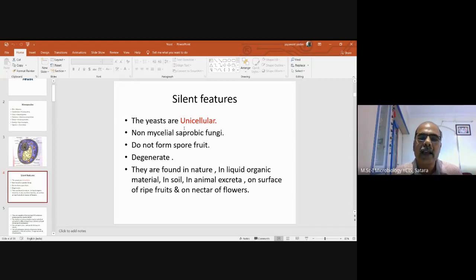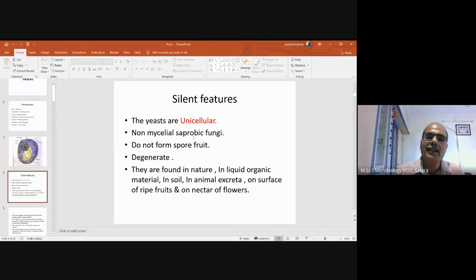Next, yeast cells are non-mycelial. As I have told you, in a broad sense it is called a mold or a fungus, but to be more specific it is called yeast, and yeast is non-mycelial. In most fungi and molds you will find mycelia, thread-like structures, whereas yeast is a non-mycelial saprobic fungus. Saprobic means they break down dead organic matter.